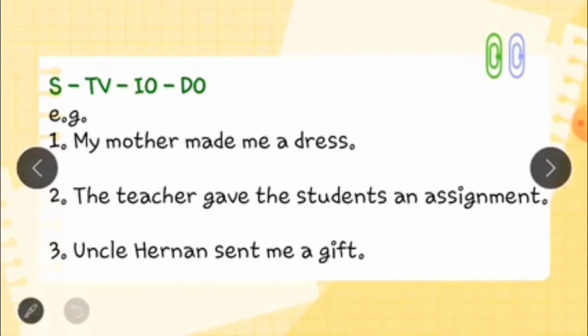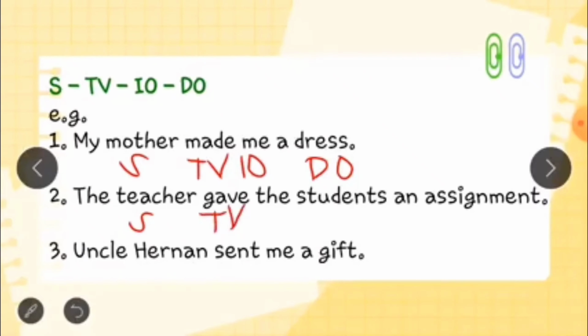For example, my mother made me a dress. Mother is the subject. Made is the transitive verb. Me is the indirect object. And dress is the direct object. The teacher gave the students an assignment. Teacher is the subject. Gave, transitive verb.